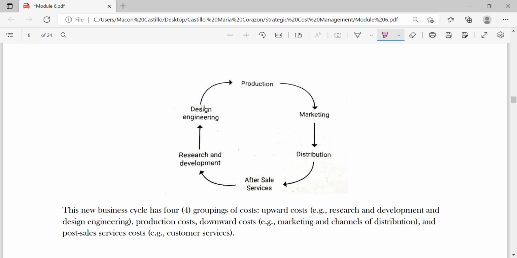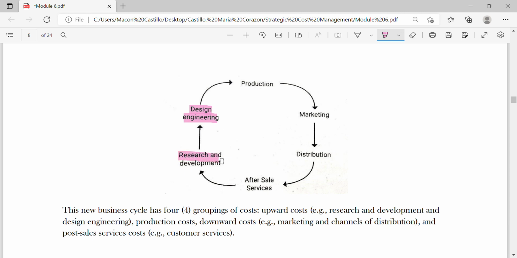After the research and development, you'll design the product. Not only the product, you'll identify the materials you'll be using. You'll identify the process that you will adopt in order to deliver quality products and services to them.